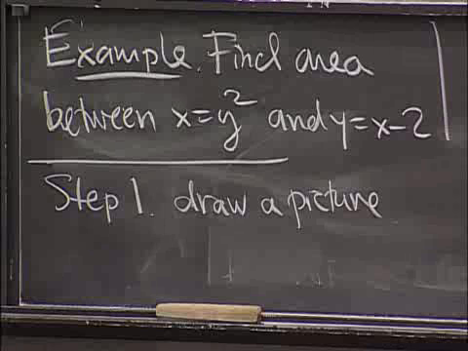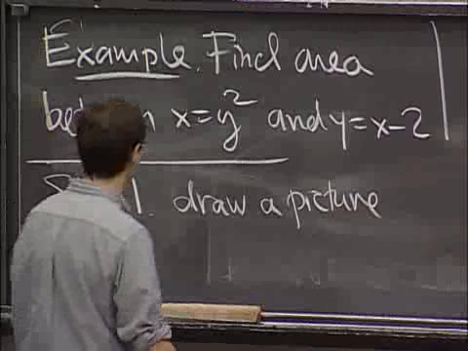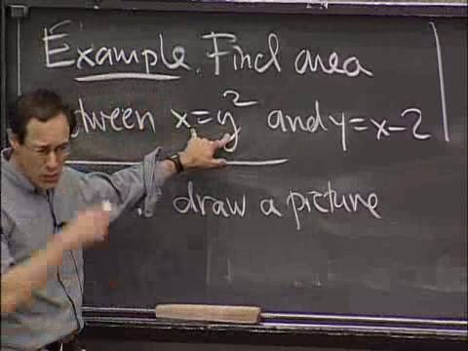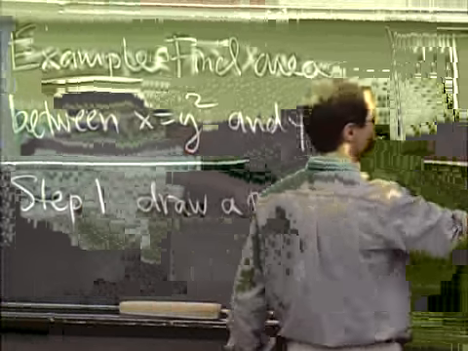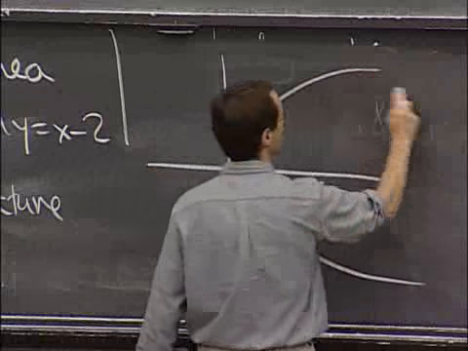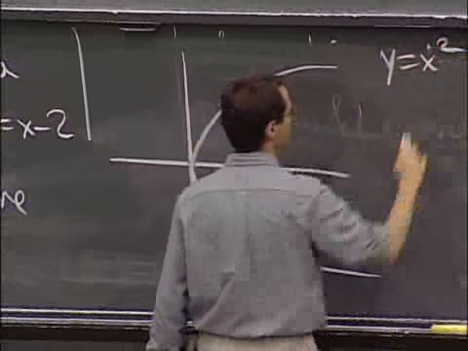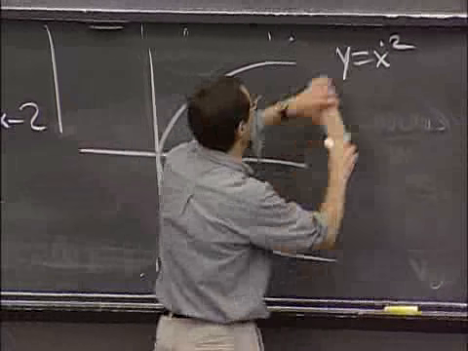The first curve, x equals y squared, is a parabola, but x is a function of y. It's pointing this way. So it's this parabola here. That's, whoops, x equals y squared.